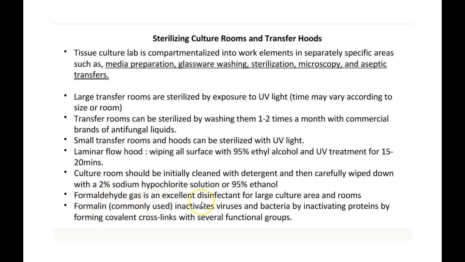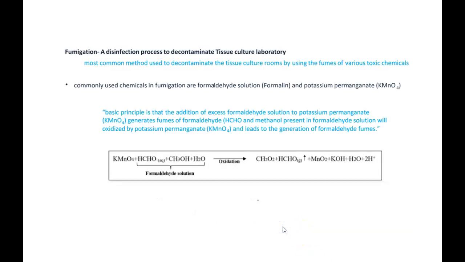Formaldehyde gas is an excellent disinfectant for large culture rooms; formalin inactivates viruses and bacteria by inactivating their proteins. Fumigation is another best option for large laboratories. These are the most commonly used methods to decontaminate tissue culture rooms.